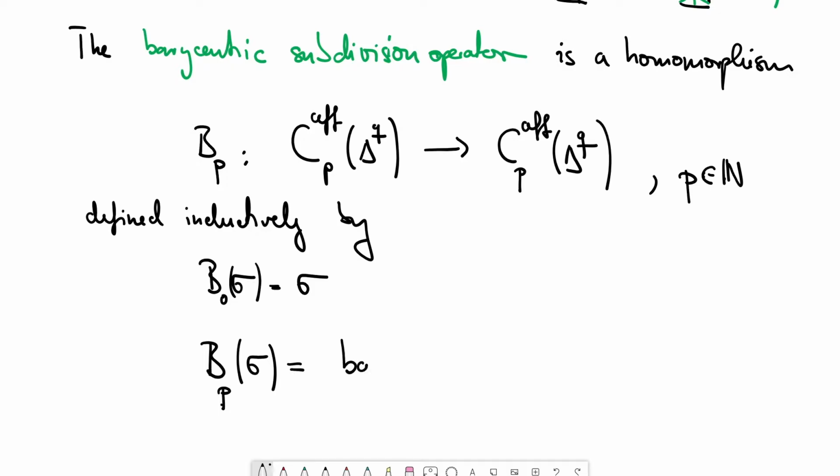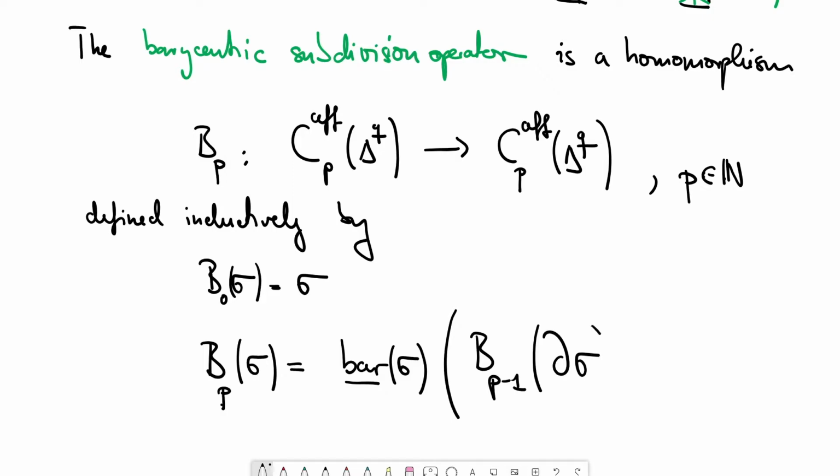You take the barycenter of sigma and look at the associated map that we just defined, which was adding this barycenter point in front of an affine singular simplex. And we apply this to B_{p-1} of the boundary of sigma.